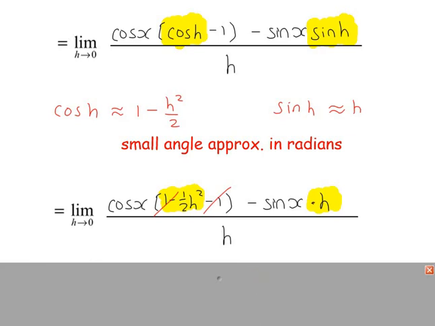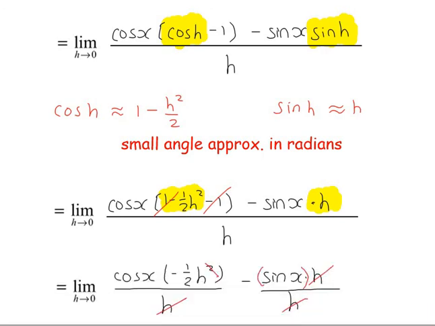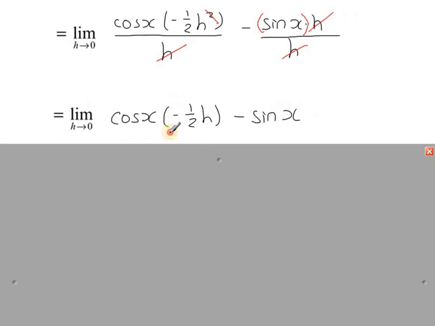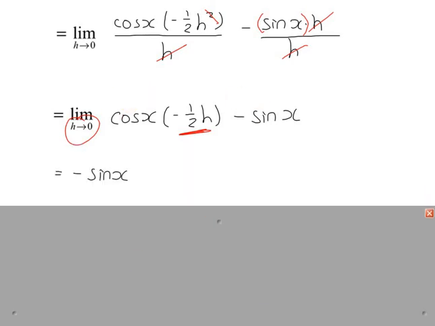So we get terms that we can simplify like this, and then we know that h is approaching 0, so this term becomes 0 times cos x is 0. We're just left with the minus sine x. So if you differentiate cos x you get minus sine x, and it's all done in radians. So if angles are given in degrees and you're differentiating trig functions, convert to radians first.